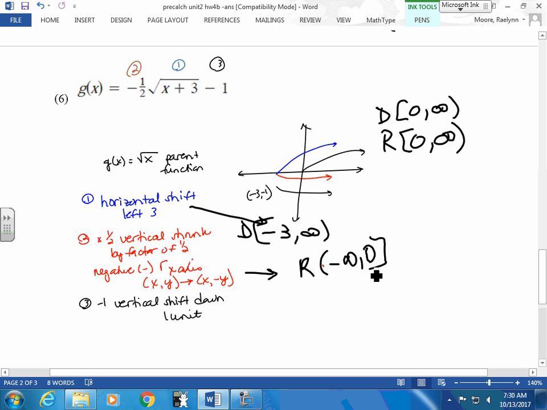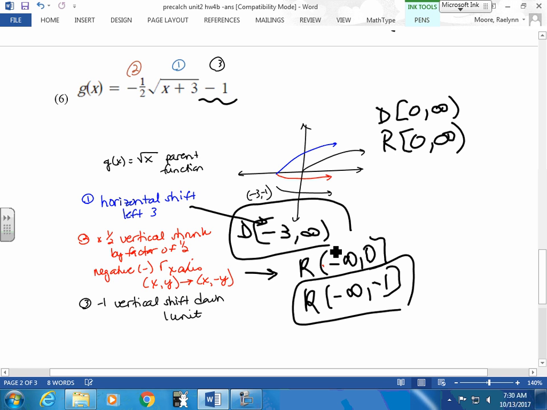I just reflected it right over the x-axis. And then the last thing I'm doing is what? Vertical shift down 1 unit. What does that change? The domain or the range? Range. So what is my new range? Okay, so here's my range. Here's my domain. One step at a time.